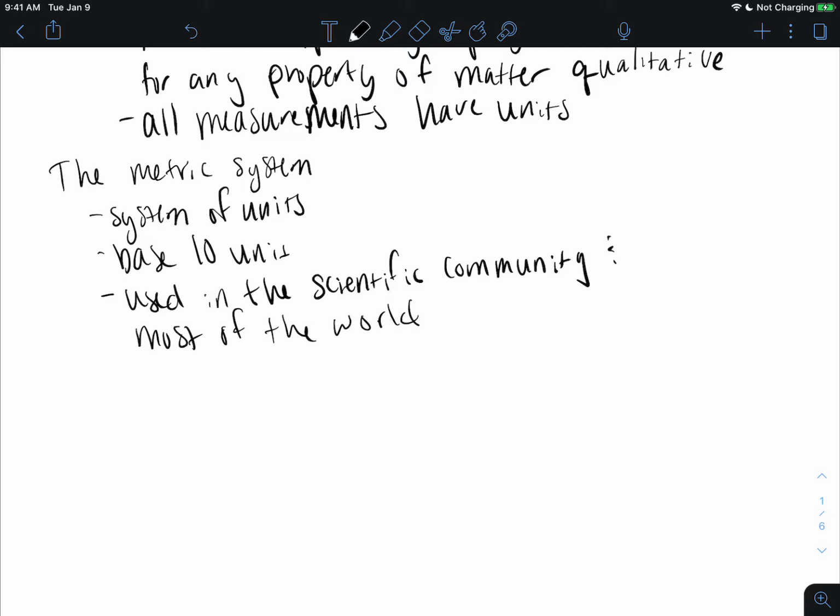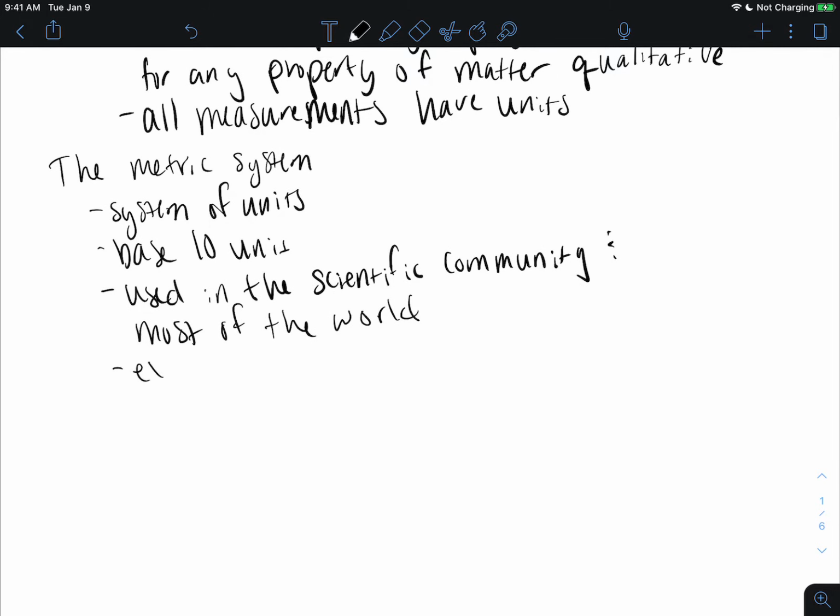Some examples of the units include meters, liters, and grams. So meters for length, liters for volume, grams for mass.